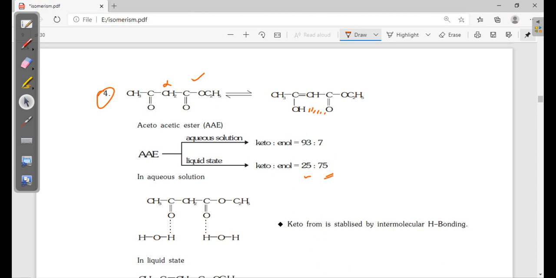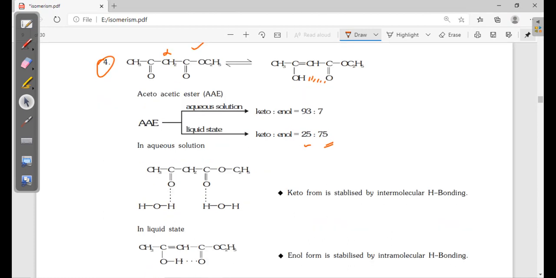In aqueous solution, what is happening? The reason is that in aqueous solution water is there, extra water. So this water is already connected with these oxygens, so this hydrogen cannot migrate easily, and the keto form is more stable.